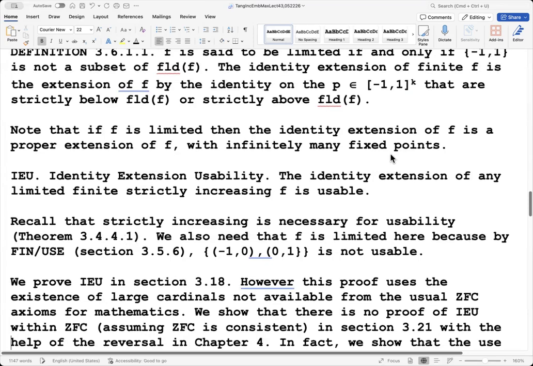All right, so here is, well, if F is limited, then the identity function is a proper extension of F, right?